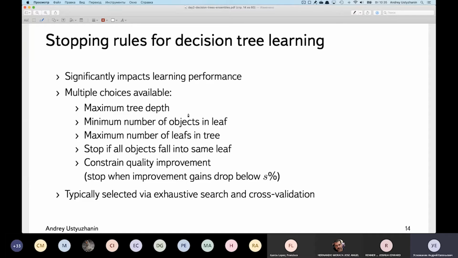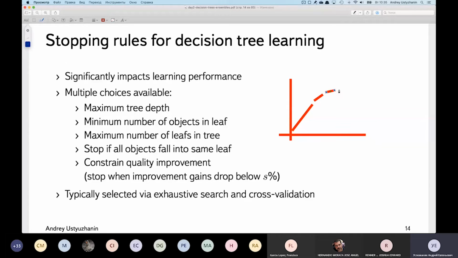or we can stop if all objects fall into the same leaf, so we don't have any alternative. Or if we see that the quality improvement is going below some threshold. Usually with the training of our model, the quality, maybe in terms of accuracy, grows gradually.